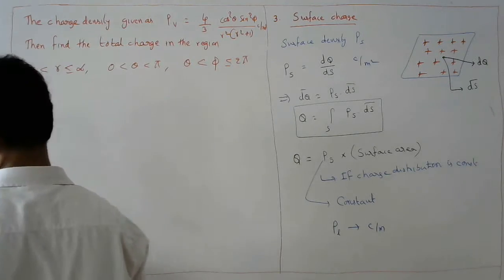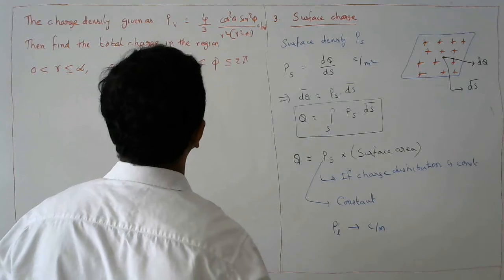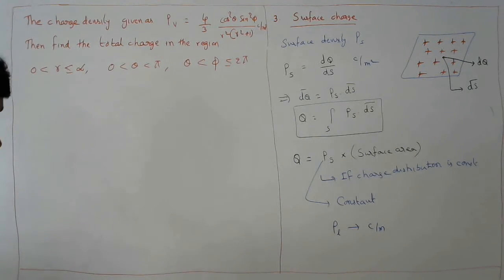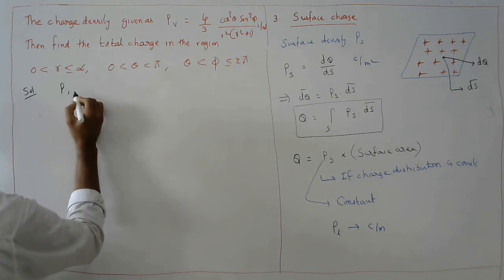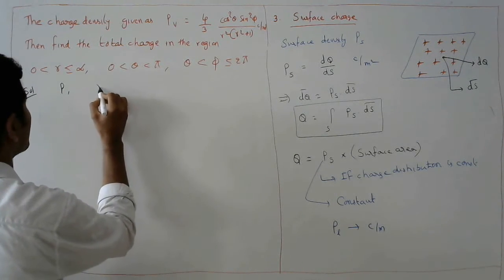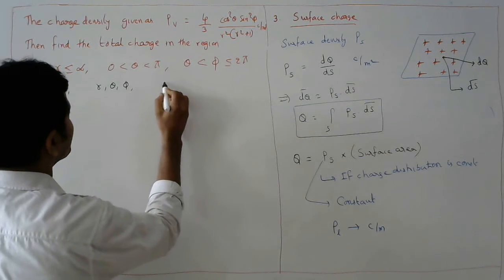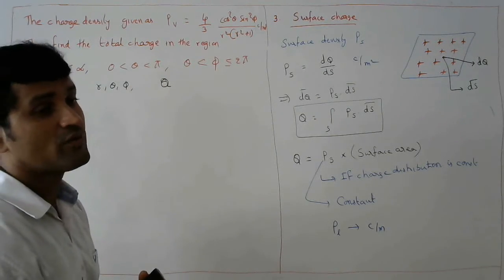So the region is given and the charge density is given. The examiner is asking to find the total charge. The ranges of r, theta, phi are given, and we must calculate charge. So volume charge is related to volume charge density.